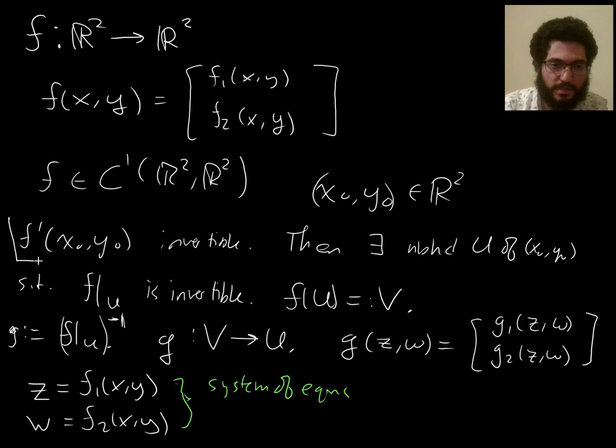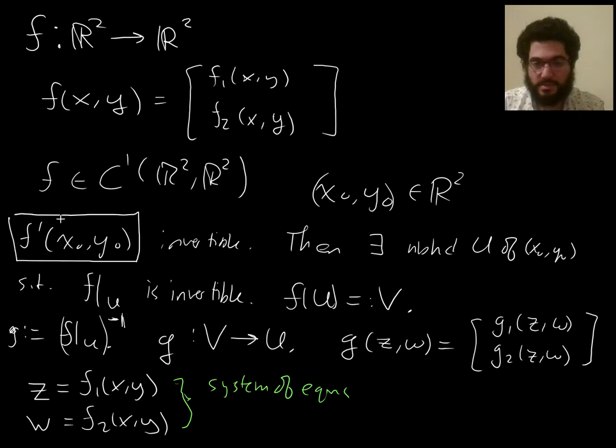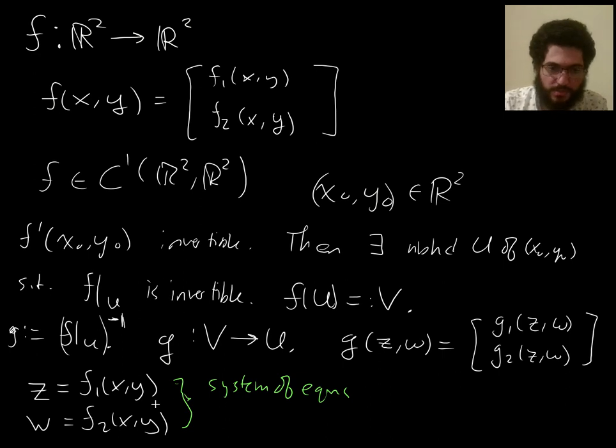As long as you can show that this is a linear map, maybe write it as a matrix, look at the determinant, as long as you can show that this linear map is invertible. So how is it that it's telling you that you can solve this system of equations?